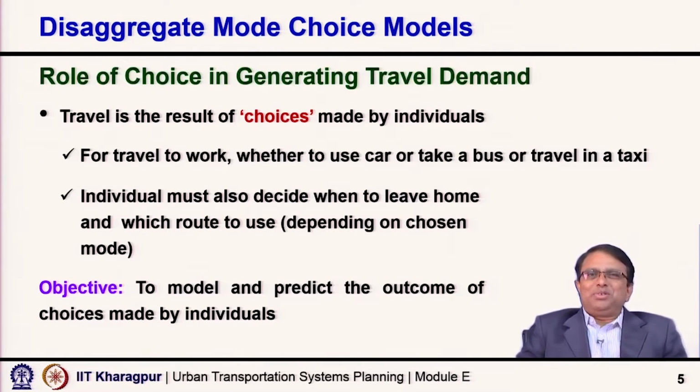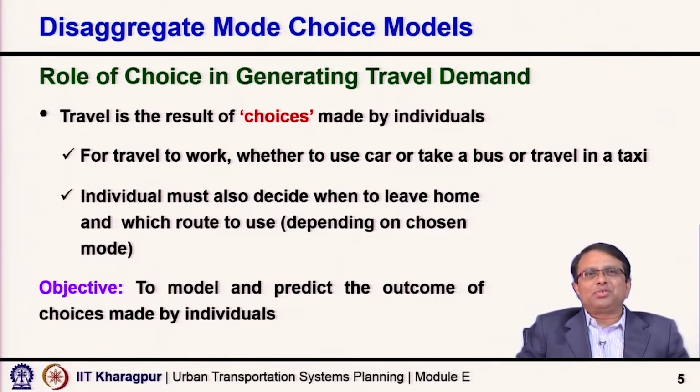With this background, we now know the limitations of the aggregate models and the advantages of disaggregate models over aggregate models. Now, let us slowly try to understand more about disaggregate models. First thing, the role of choice in generating travel demand.